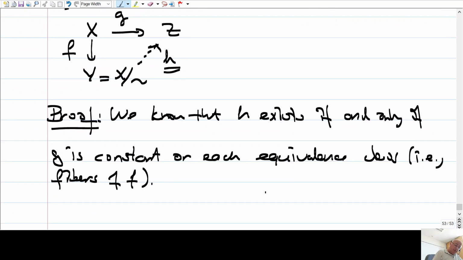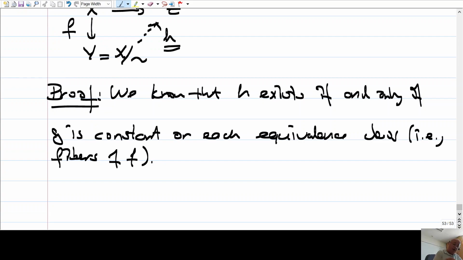And so I have to prove the following: h is continuous if and only if g is continuous. First, assume that g is continuous.